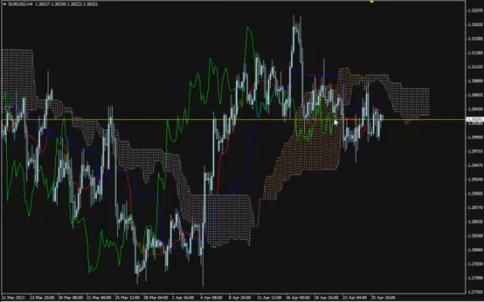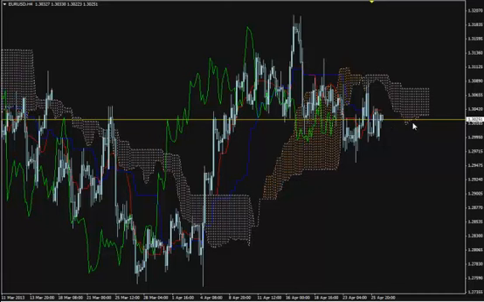So our Chikou span here is below price, so we definitely don't enter long. The Tenkan-sen is above price, the Kijun-sen is almost above price. So I wouldn't enter.